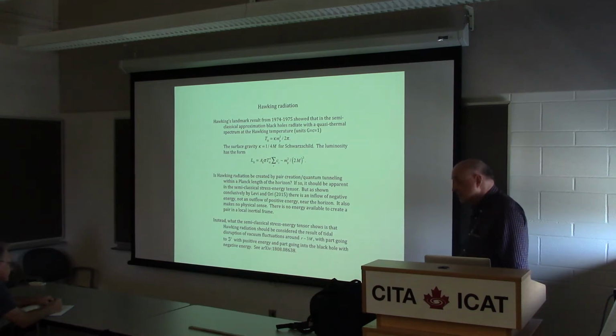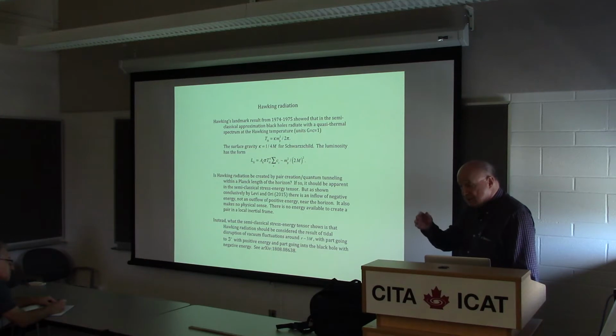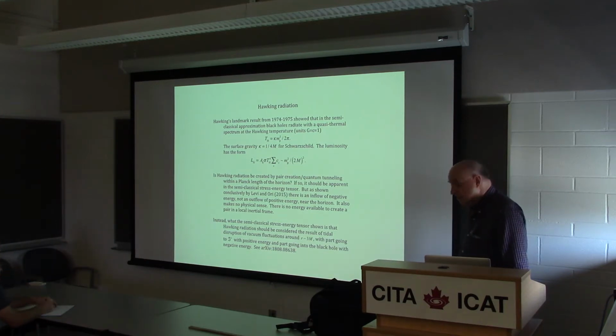It's instead a flow of positive energy starting around r equals 3M and negative energy flowing into the black hole near the horizon.